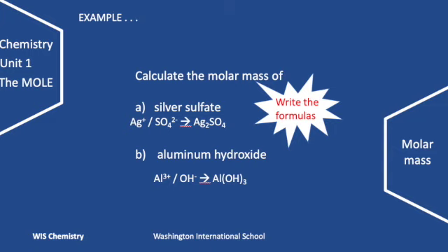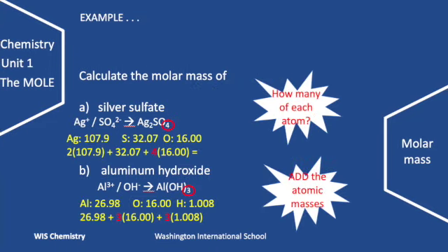So Ag+, SO4 2-, I need 2 Ag+, so that becomes the subscript Ag2, and the sulfate is SO4. Aluminum, Al3+, OH-, so I need 3 hydroxide groups for every one aluminum, so it's Al(OH)3. And remember that subscript 3 multiplies both of the atoms inside by 3, both the oxygen and the hydrogen.